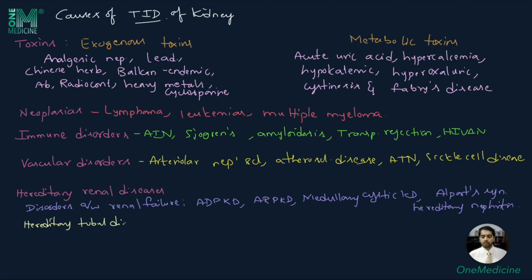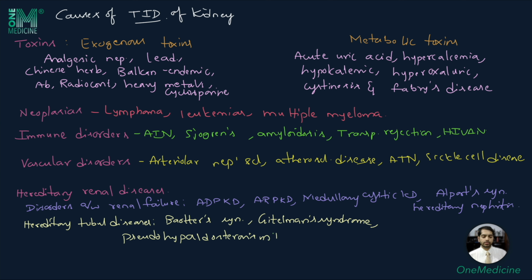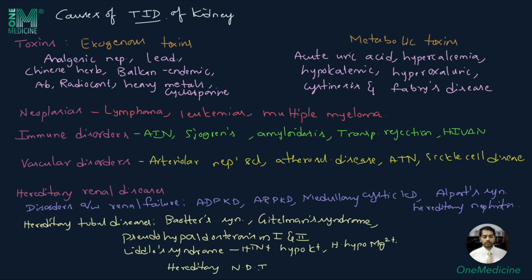The hereditary tubular diseases can also cause tubulointerstitial diseases, and these include Bartter's syndrome, Gitelman's syndrome, pseudohypoaldosteronism types 1 and 2, Liddle's syndrome, characterized by hypertension and hypokalemia, hereditary hypomagnesemia, and even hereditary nephrogenic diabetes insipidus, which can be X-linked or autosomal.